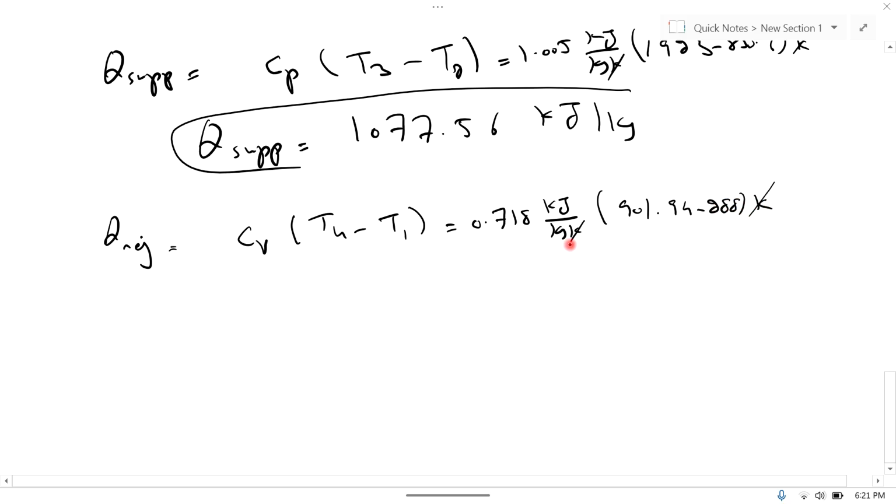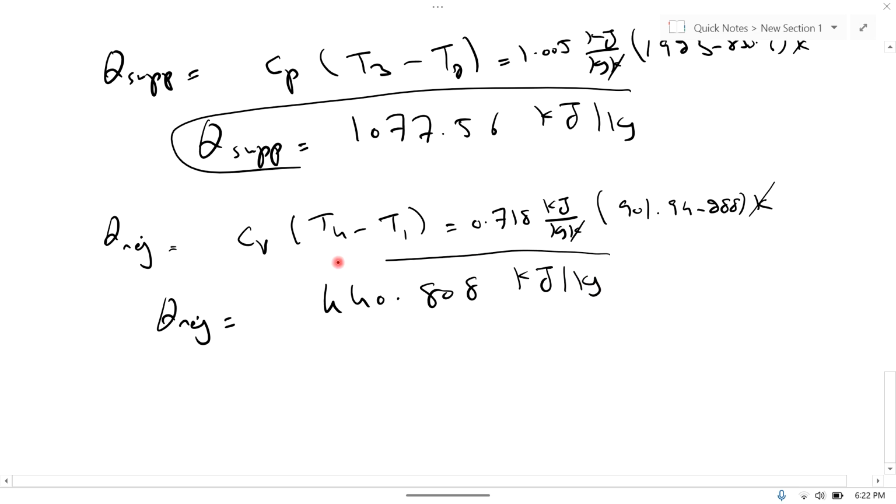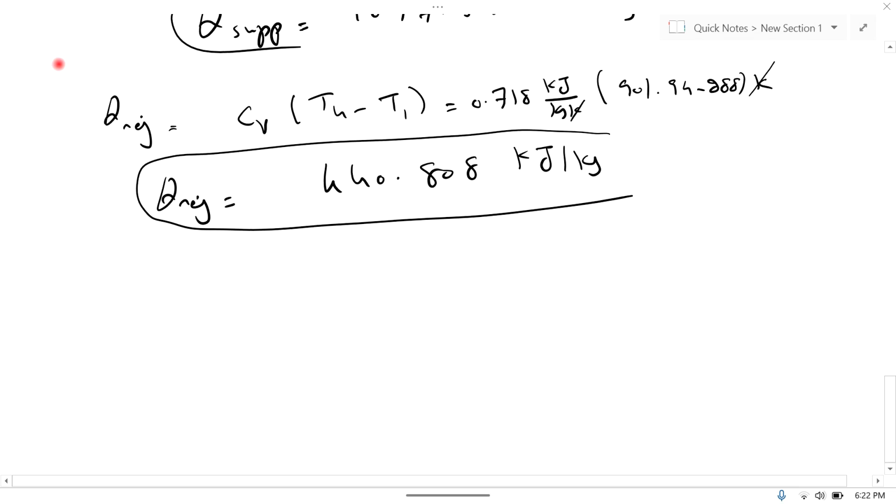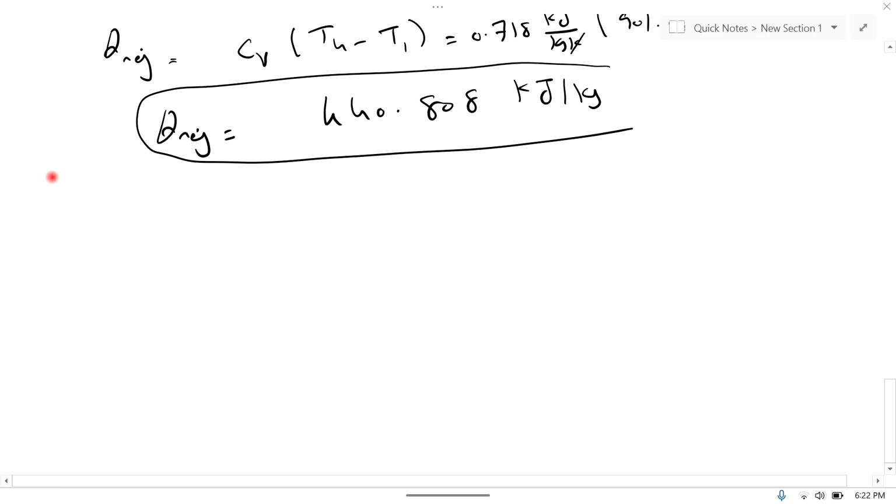Kelvin will be cancelled with Kelvin. So heat rejected is equal to 440.808 kilojoule per kilogram.